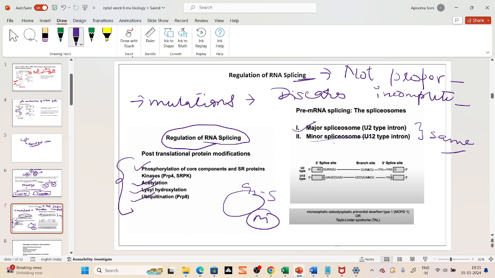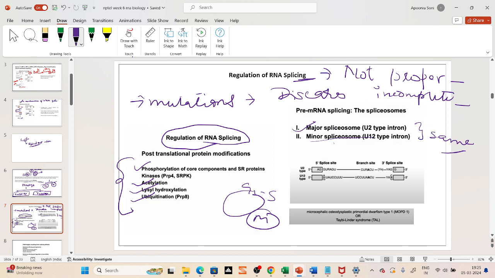Similarly, our body is also very intelligent. Even though we have a very organized and complex machinery to achieve each and every process, there are still chances that some mishaps can happen, that external environmental factors or autoimmune factors can cause a problem in the normal regulation and functioning of the cell.